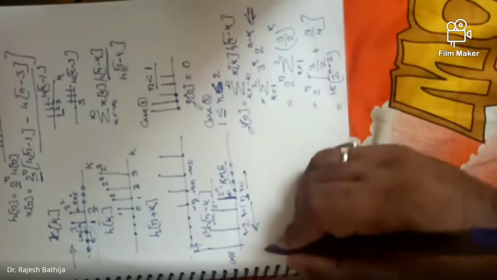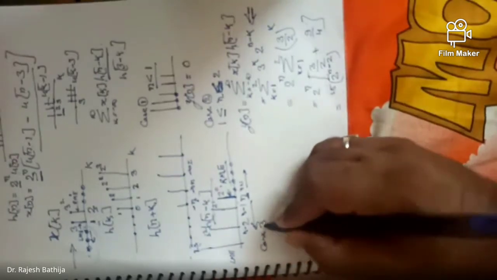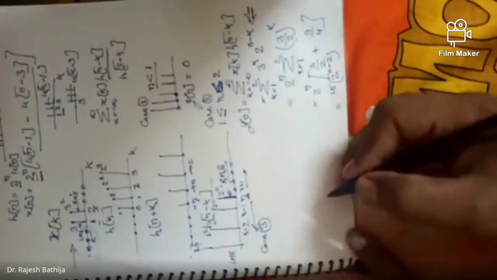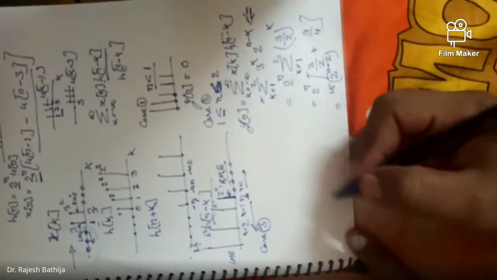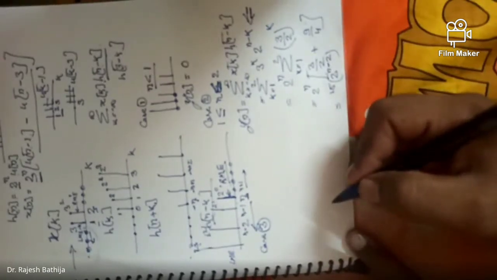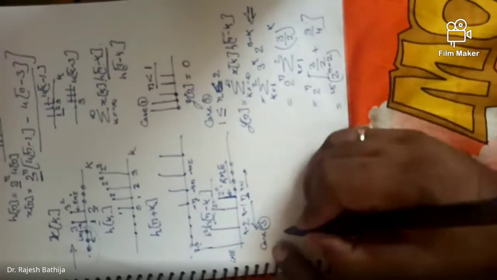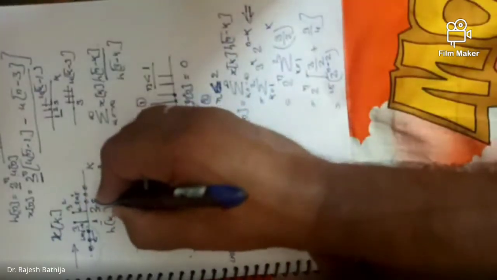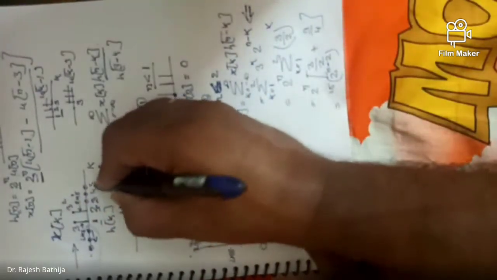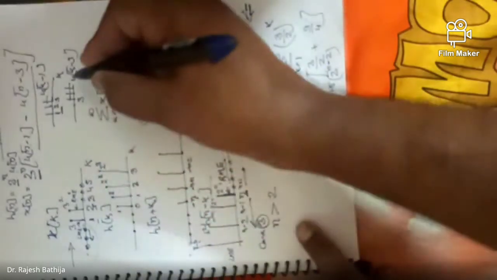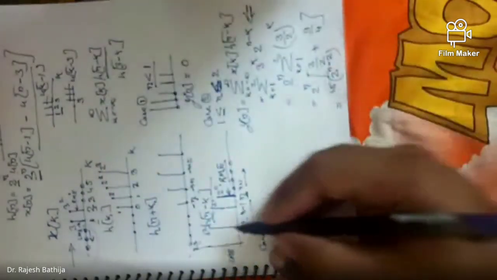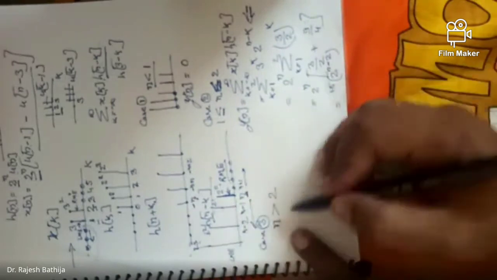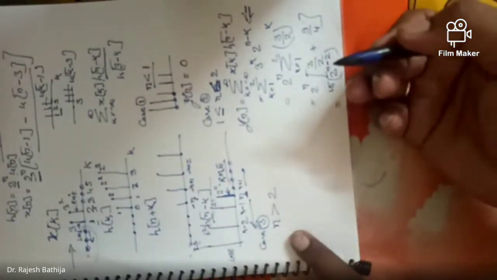Case 3. What will be the case 3? That is the last case in this problem. The last case will be n is greater than 2. Whether n is 3 or 4 or 5 or 6 or up to infinity, because this is an infinite signal, these are the only possible cases, right?